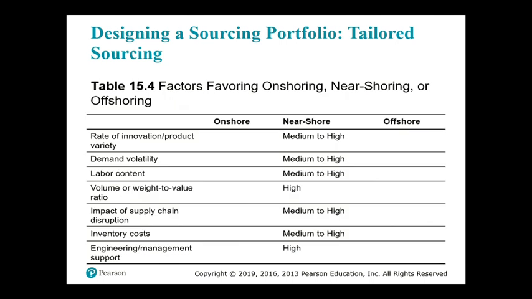Okay, now let's look at the decision of where to source: whether to onshore, nearshore, or offshore. As you can imagine, the nearshore decision is somewhere in the middle. So we're going to focus on the decision of onshore versus offshore.